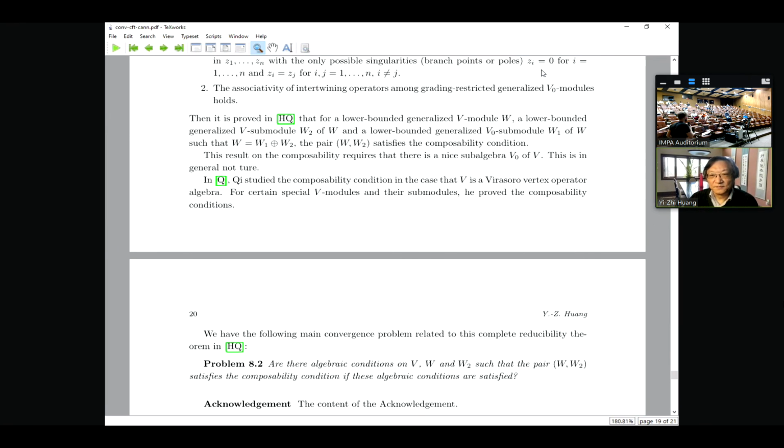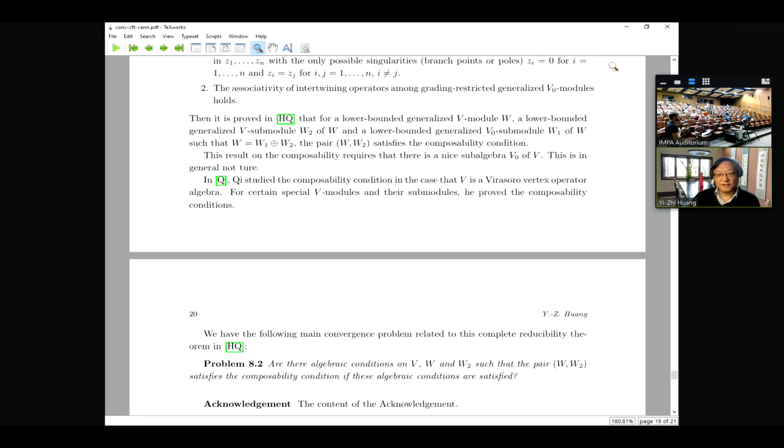Well, so I guess I might ask a question. Could you comment whether there is any link between this cohomology theory and the chiral homology theory of Beilinson and Drinfeld? Yeah, so I think the difference is that their cohomology is for much more general vertex algebras.